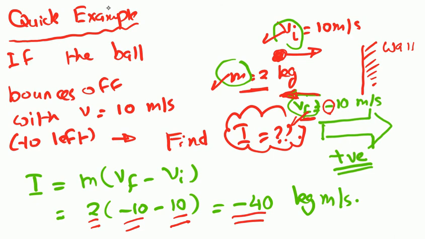If you forget this negative, what will happen? The final velocity will be positive. Positive 10 minus 10 will be 0. It is so silly to make such a mistake.